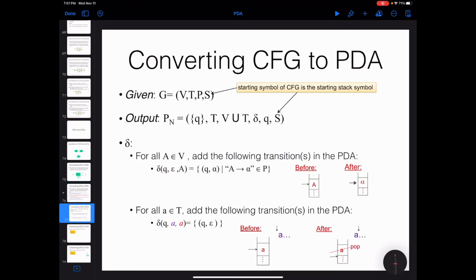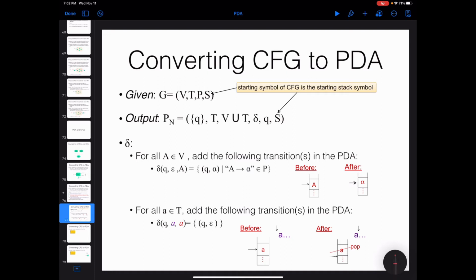But before explaining the example, I'm going to briefly discuss what type of transitions we are going to have in this pushdown automata. We have a context-free grammar. We are going to create an equivalent pushdown automata for that, which is going to accept by empty stack, and we are going to have only one state in this pushdown automata. Okay, so we don't care about the states.